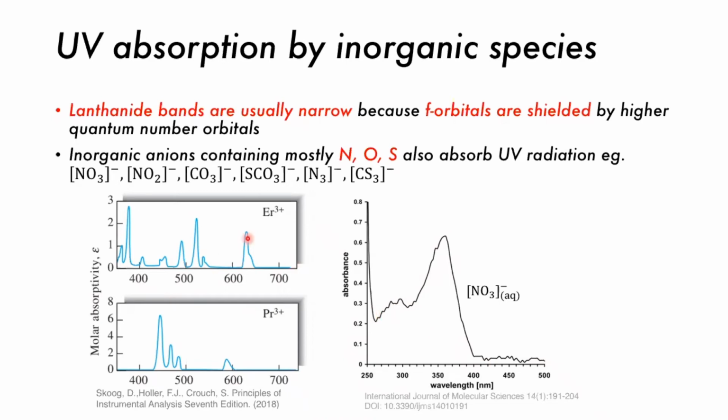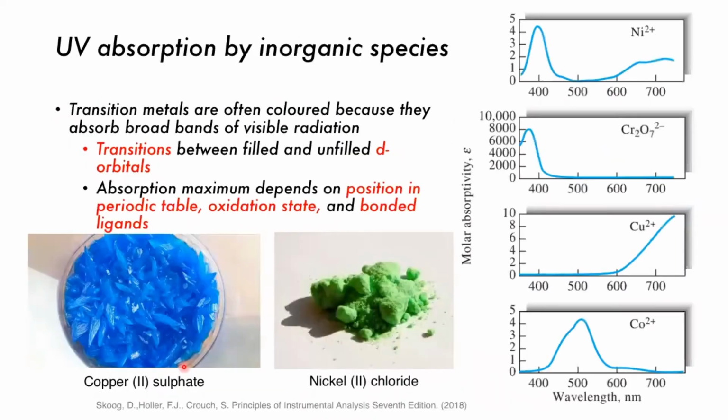And then over here we have the erbium 3+. You can see it has rather sharp peaks here and here. And then we have the praseodymium 3+ as well. It's got really sharp peaks, especially when we compare it to the broad peaks over here.